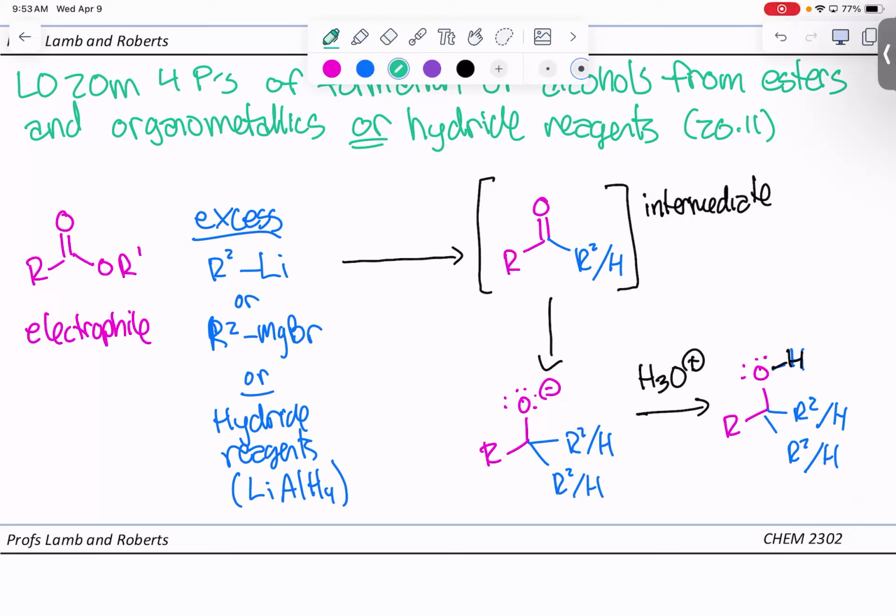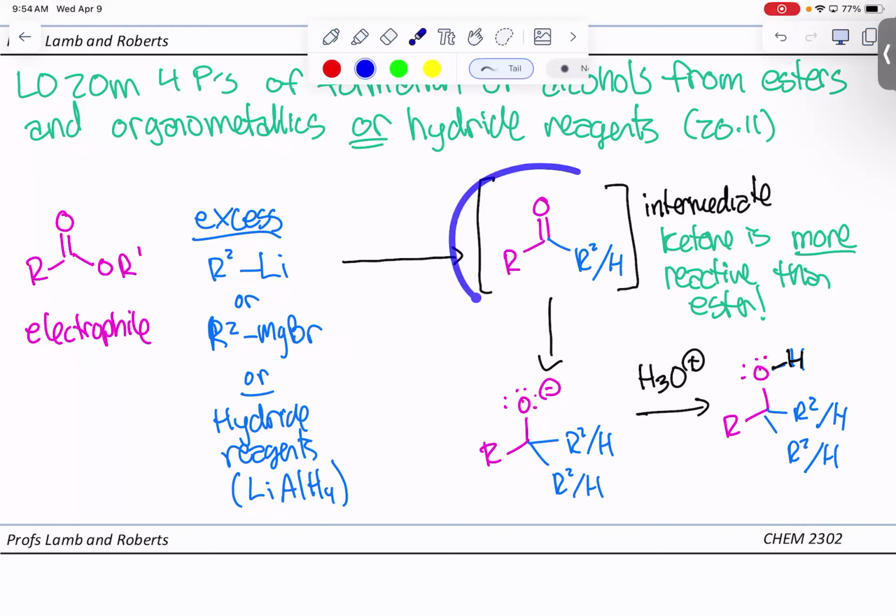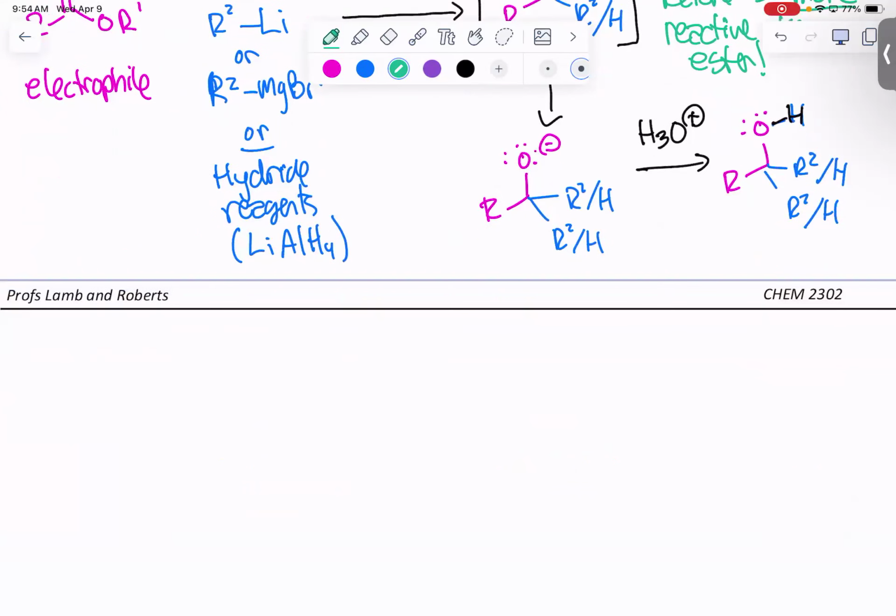Okay, I want to make a note about this intermediate: the ketone is more reactive than the ester. So no matter what you do, you cannot stop at the ketone in this reaction. It will keep going. All right, and the mechanism is just very, very simple. We already know organometallics and how they react with this intermediate. So we'll take a look at the mechanism before that, all right? So on the exam, people always say, even if there's not excess listed there, it's always just going to keep going.